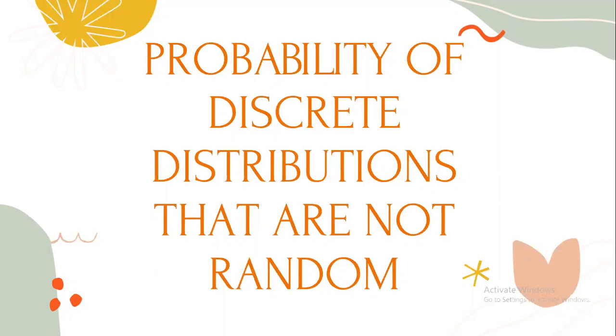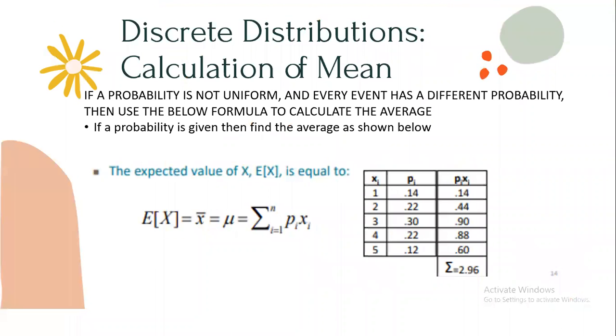Sometimes it depends on what you're doing, and the probability of various outcomes may be different. If the probabilities are not the same for every event, then that is a random discrete distribution. For example, let's look at this particular case.